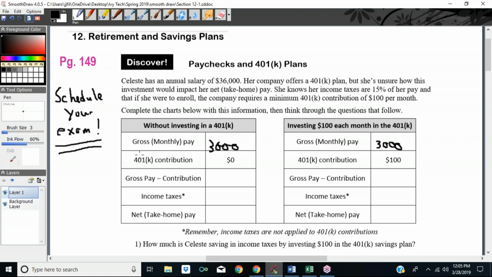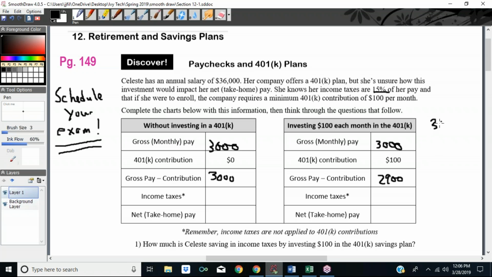And then we're looking at her 401k contribution. In the first example, she's not putting anything in the 401k. In the second example, she is. So she's going to get taxed on $3,000 in the first example and only $2,900 in the second example. Now the taxes are 15% of her pay.